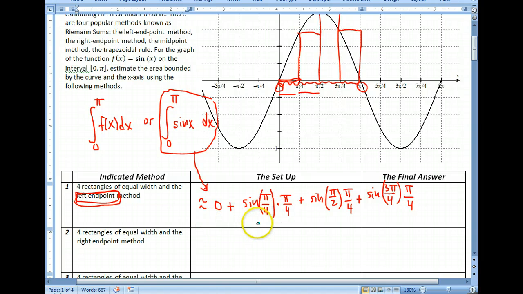So this is square root of 2 over 2 times pi over 4 plus, what's sine of pi over 2? 1. Sine 3 pi over 4, which is like square root of 2 over 2 again.